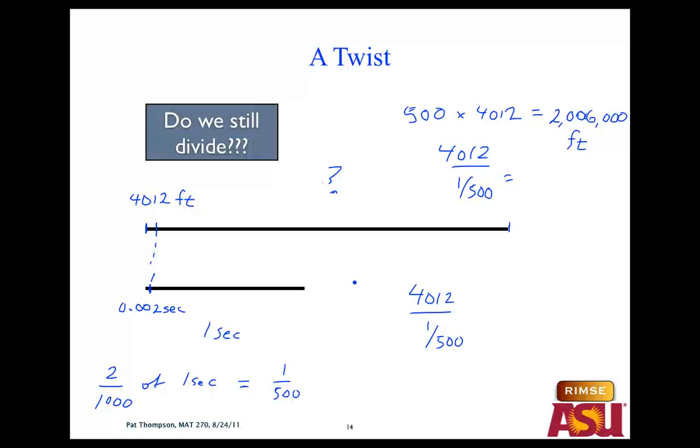That's right. What's the speed of the plane? Feet per second. Okay, so you still divide, but when you're dividing by a fraction of a second, we really need to conceptualize it as multiplication. We really can't escape that. But you're still dividing distance by time to get speed. Okay, any questions on that?